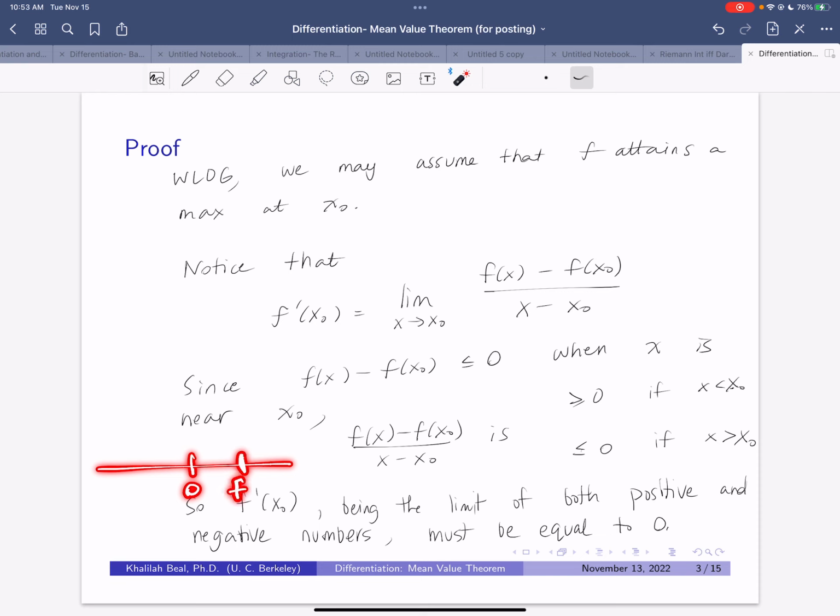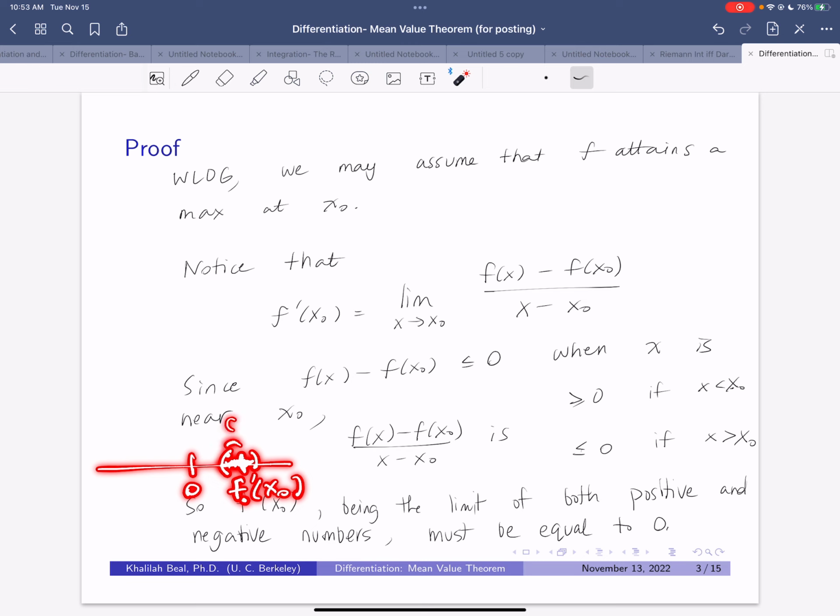your f prime is positive, then you get a contradiction, because what does it mean for the limit to be a positive number? Well, for every epsilon greater than 0, there exists a delta such that points within delta units are mapped to within epsilon units. Let your epsilon be half of the distance between f prime of x naught and 0.